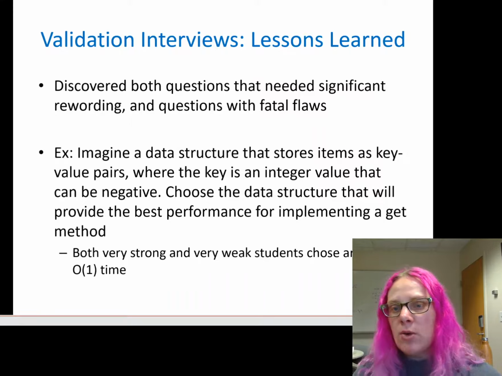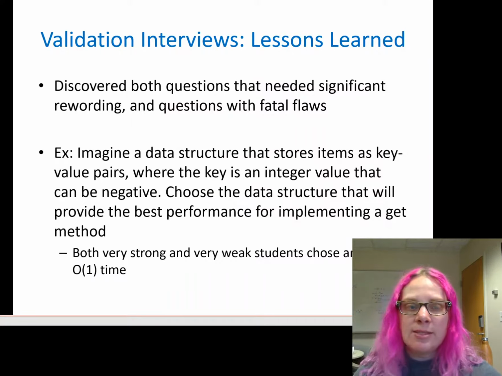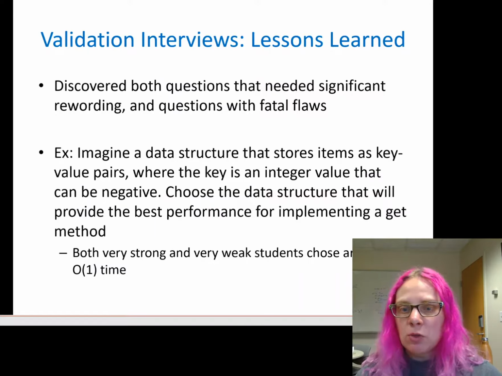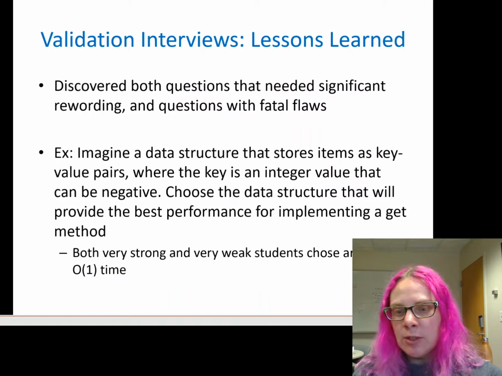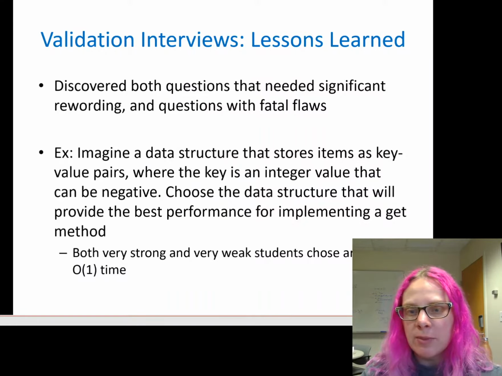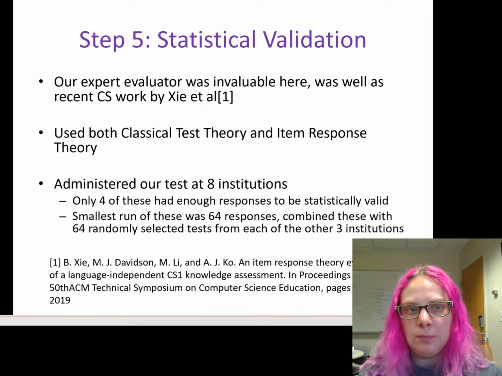So if our lowest integer value key is negative 100, we'll just add 100 to everyone, and we'll just make a really, really big array. And so we tried rewording this question over and over and over again. We never found a rewording that avoided this problem, and we ended up significantly changing this problem.